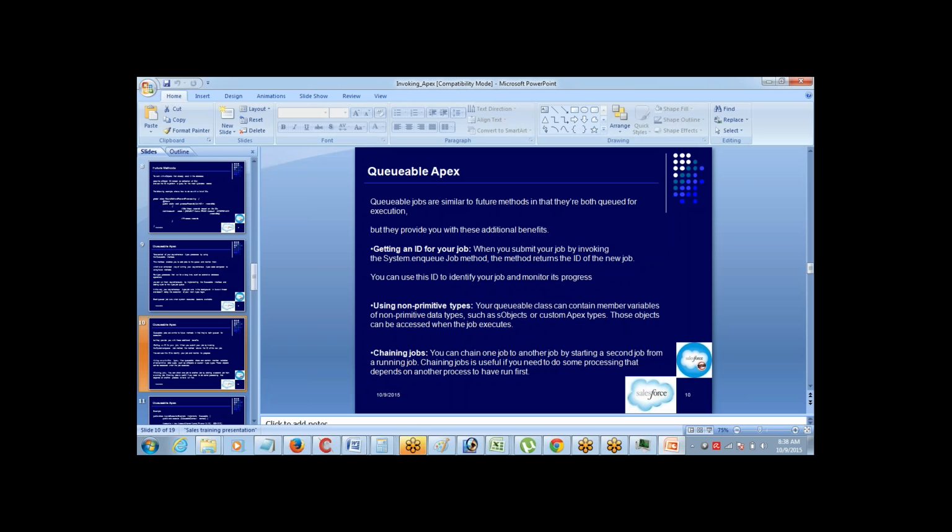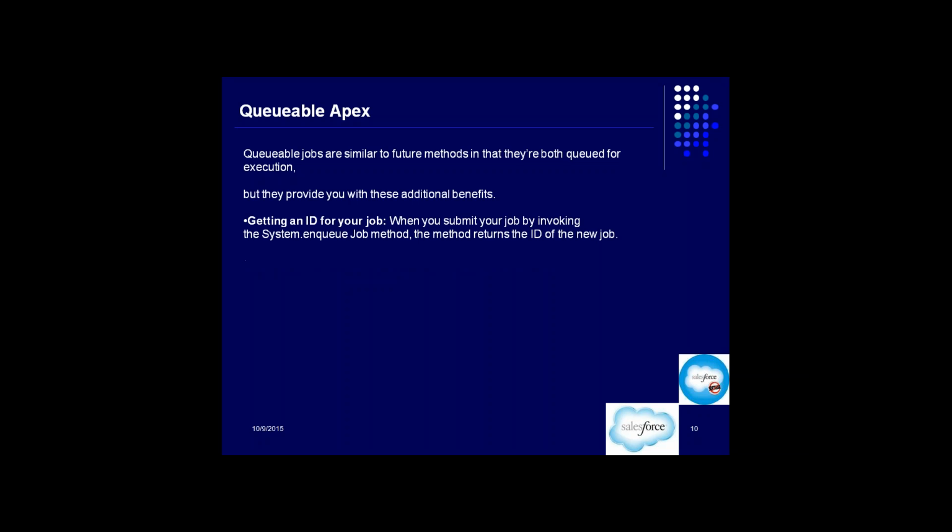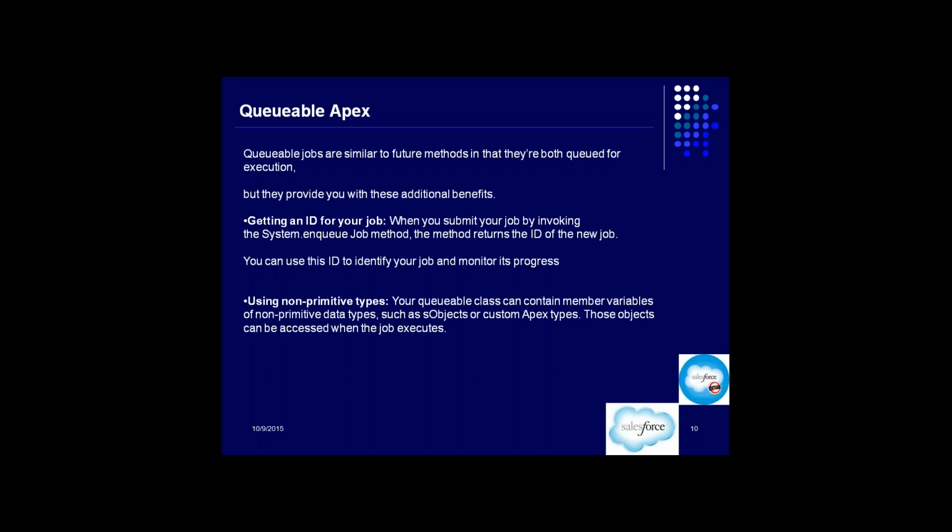Got it? Your queuable class can contain member variables of non-primitive data types such as sObjects or custom Apex types. Those objects can be accessed when the job executes. So in that execute method, you can access those sObject variables. Got it? So that's the second advantage.